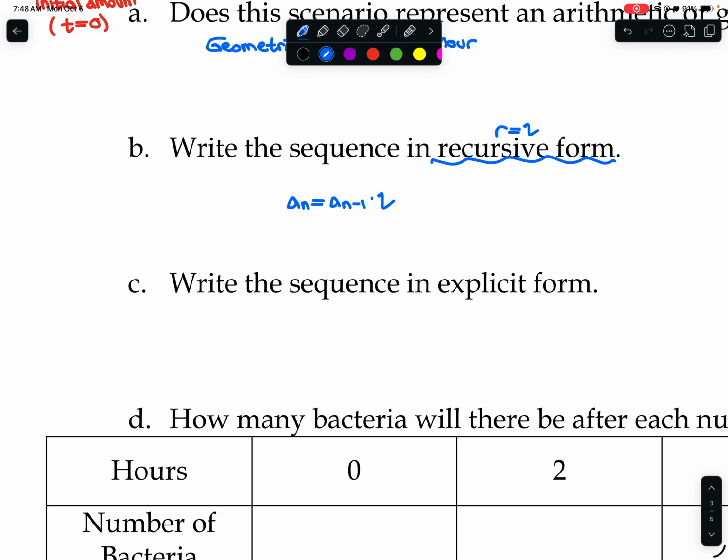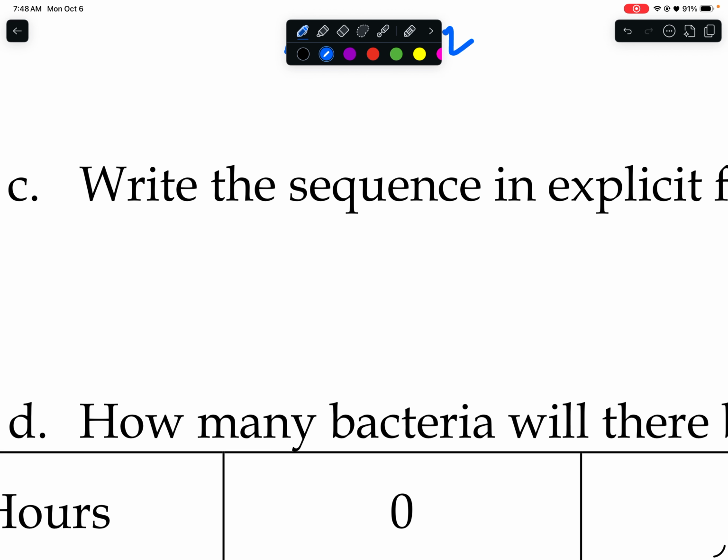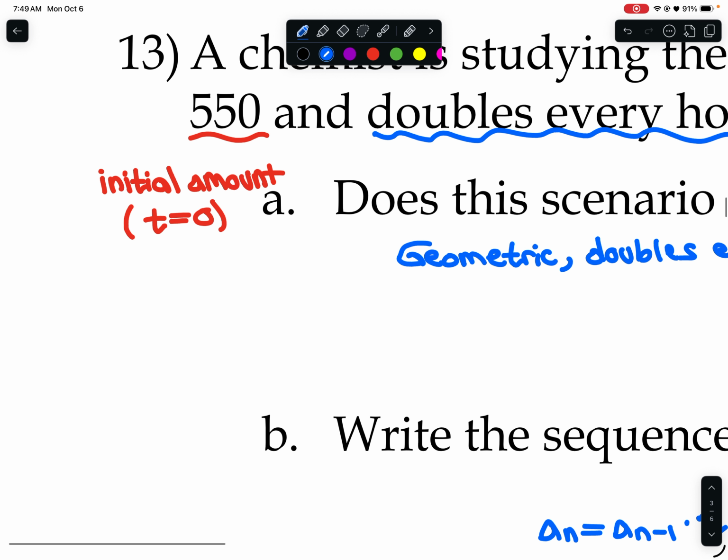And then I want the explicit form. So with explicit form, remember, we need to write the value of the first term times r raised to the n minus 1. We have the value of the initial, which is at t equals 0. So if I want to find, we'll just say f of t.